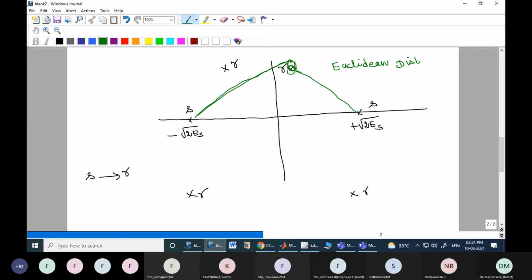Whichever distance is shorter, we consider that the transmitted symbol. This is the Euclidean distance.